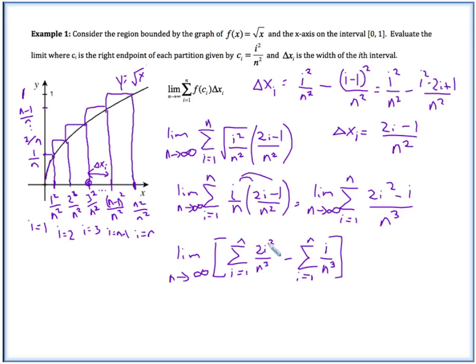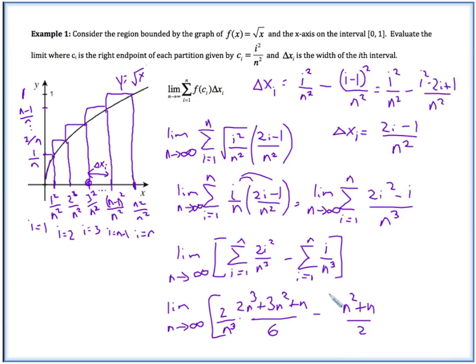Okay, so here this is going to be the limit as n goes to infinity, and the sum of i squared changes into 2n cubed plus 3n squared plus n over 6, and we're going to keep that 2 over n cubed here, multiplying. And then here, the sum of i changes into n squared plus n over 2, and we're going to keep the 1 over n cubed here.